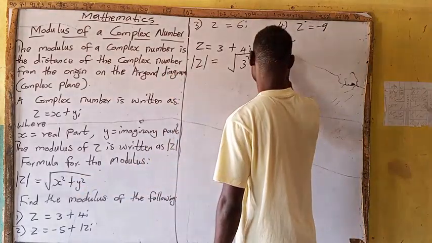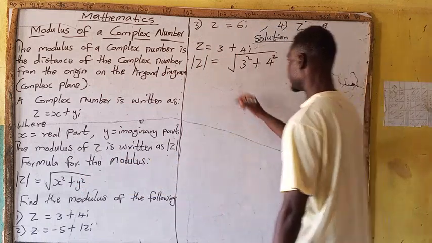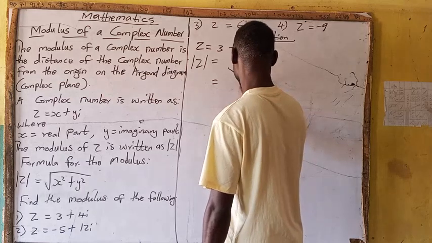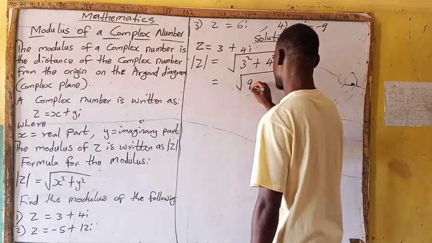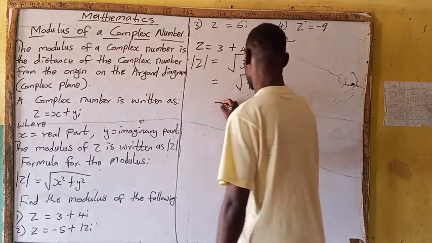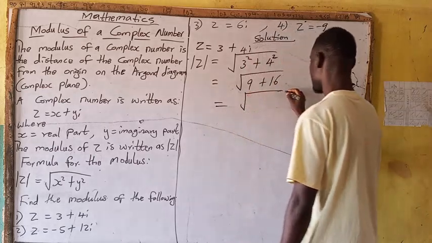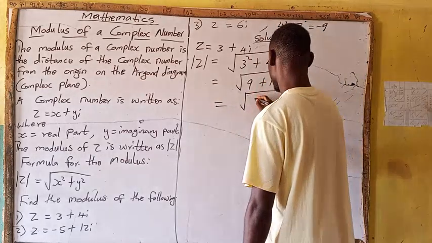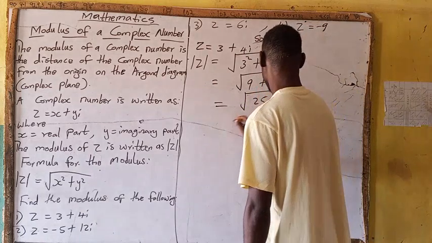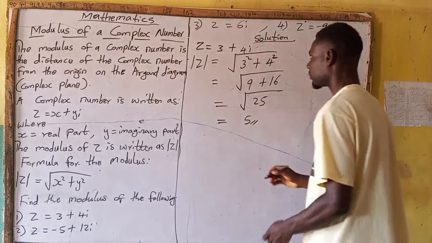You are taking 4; forget about the i. It is equal to the square root of 9 plus 16. If we add this, it will give us 25, and this will end up giving us 5 as our final answer.